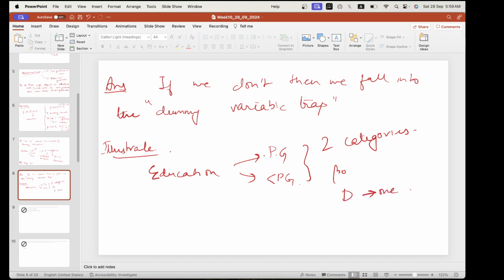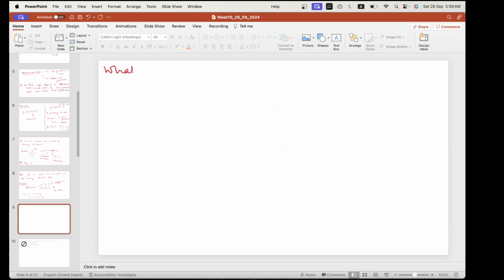Now what did that dummy signify? If this D was 1, it meant postgraduate. If it was 0, it means less than postgraduate. Now let me assume, for the sake of discussion, what happens if I take two dummies.